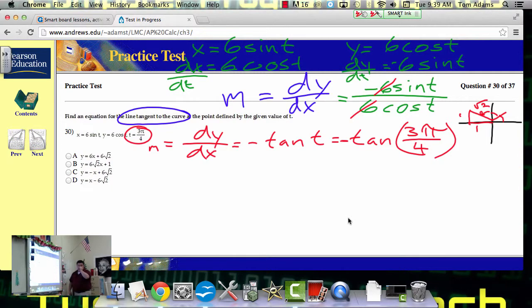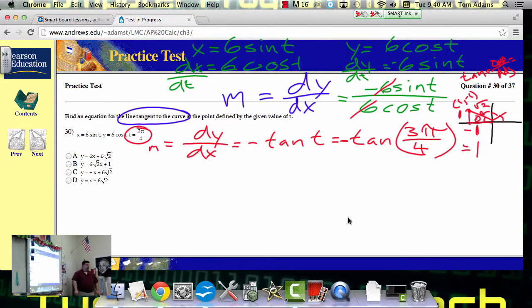Tangent is opposite over adjacent, which is 1 over negative 1, because this point is 1 comma negative 1. So it's negative 1, but when I multiply by the negative in front, I get 1. So my slope is 1.